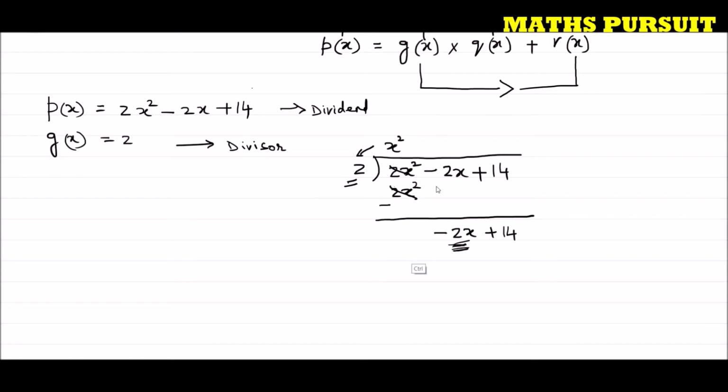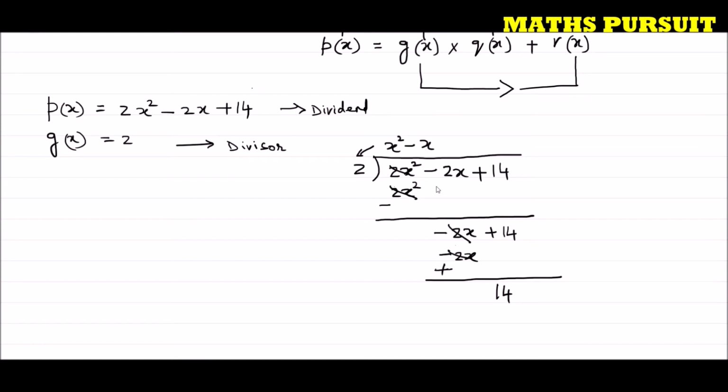Our answer is again very simple and straightforward. If I multiply minus x with this 2, I am going to get minus 2x. As usual we are going to subtract it, so I change the symbols. So minus 2x and plus 2x cancel out, and we are left with 14.